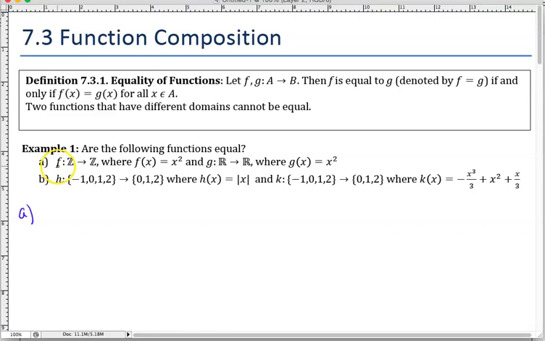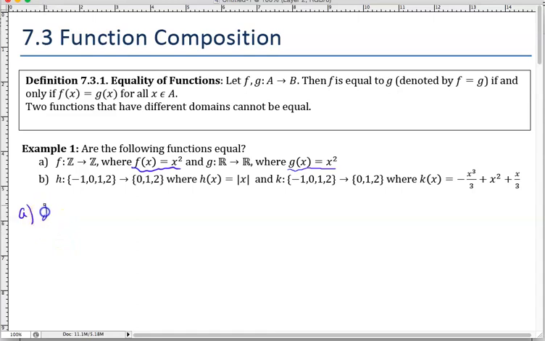In part A, we have a function f defined on the integers, integer to integer, where f of x is x squared. And we have a function g, which is defined on the real numbers, where g of x equals x squared. We notice that the formulas are the same, but the domain of f is different than the domain of g, so the functions will not be equal.